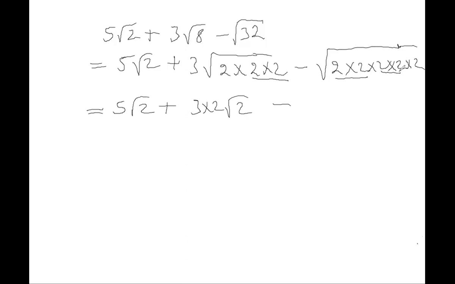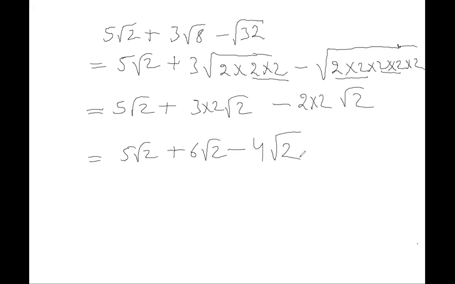So here 2 pairs of 2 are formed, so 2 times 2 comes out, and one 2 is left inside. Now we are left with 5 root 2 plus 6 root 2 minus 4 root 2. Now it is simple.